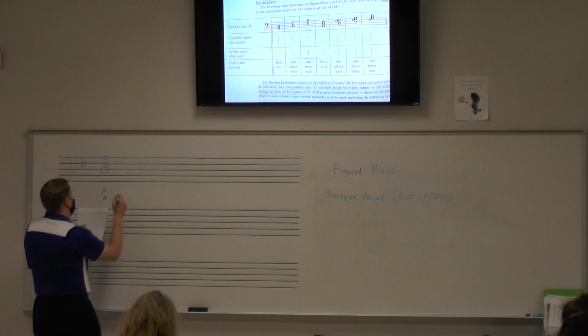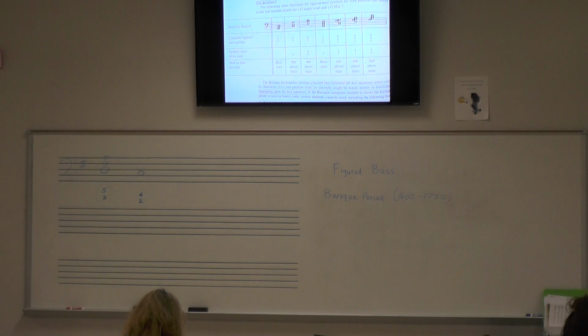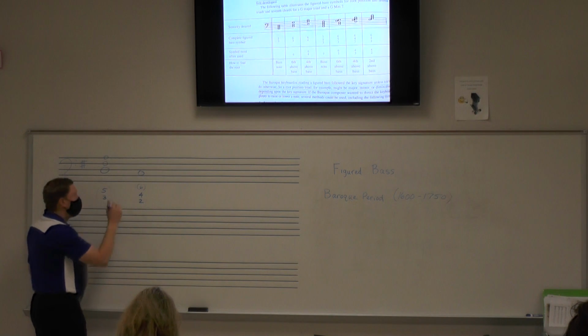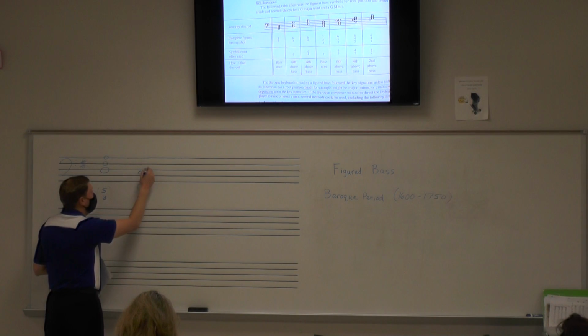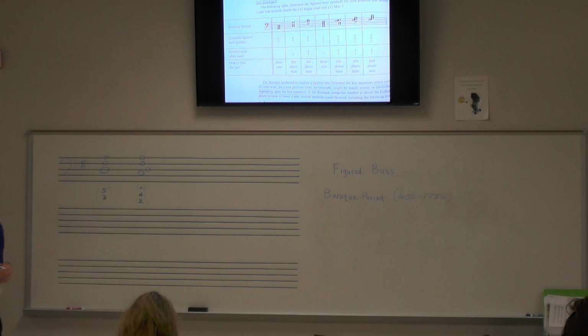All right, let's try this one. What is the full symbol? It doesn't give me all the numbers I need. I'm supposed to infer and assume what? 6-4-2. Thank you, 6-4-2. And now I can put in all the notes at these intervals above the bass. You see how that works?